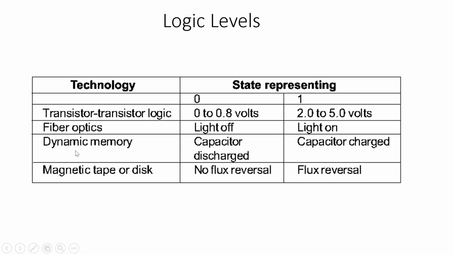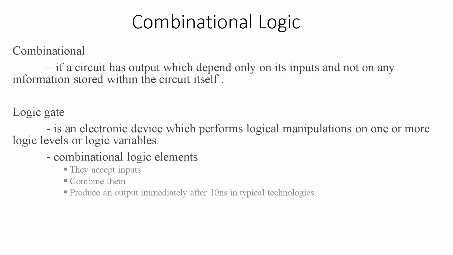For dynamic memory, the capacitor is discharged for 0 and charged for 1. For a magnetic tape or disk, 0 means no flux reversal, and 1 means flux reversal. Moving on, we have combinational logic.